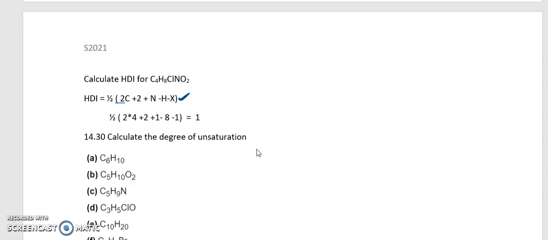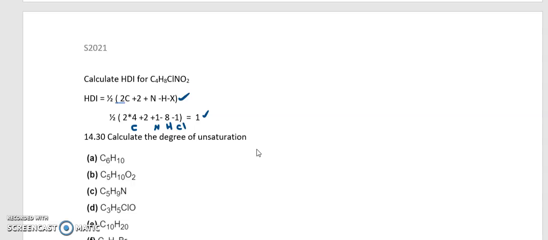We've got 1/2, 2 times the number of carbons, that's where the 4 comes from, plus 2, that's in our formula, plus 1, that's for the nitrogen, minus 8, that's for the hydrogen, and minus 1, that's for the chlorine. And we end up with a degree of saturation of 1.